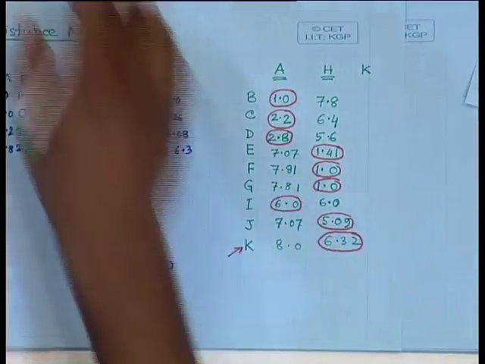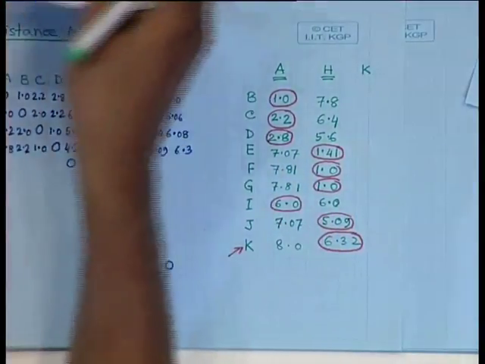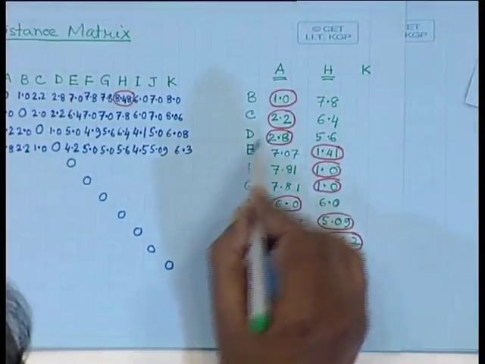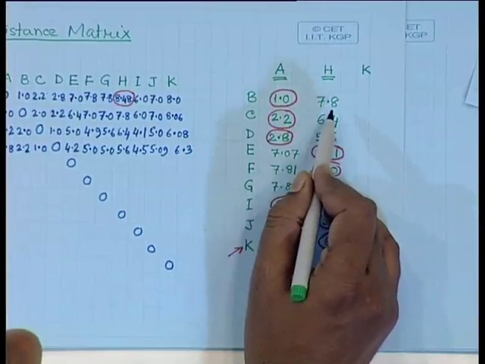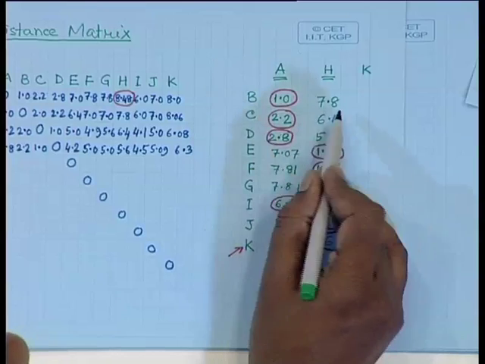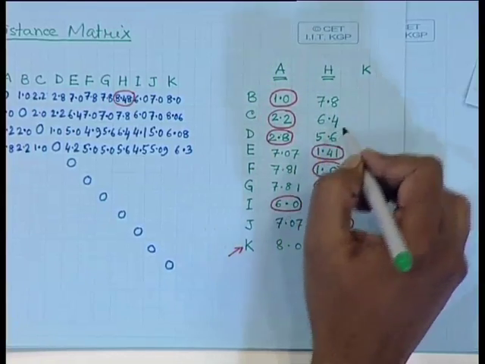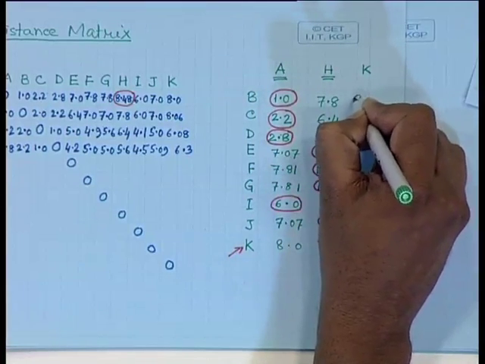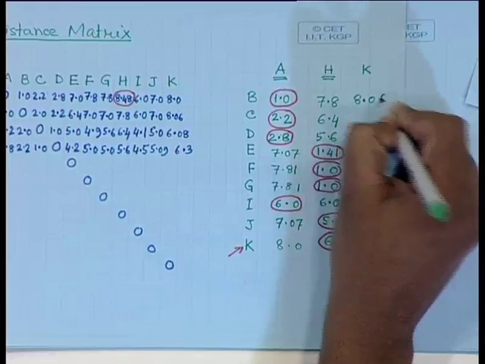Okay. So, when I do that, I already have the distances between B and A and between B and H. So, I have to compute the distance between B and K, and that comes out to be 8.06.